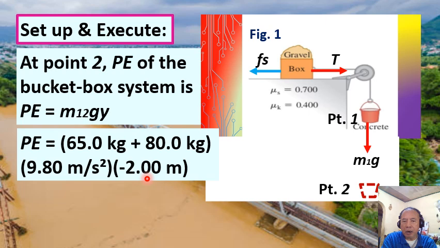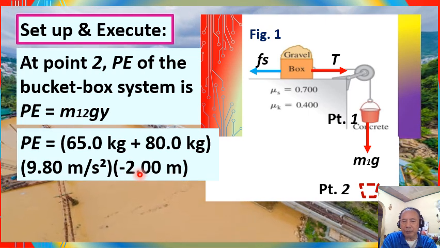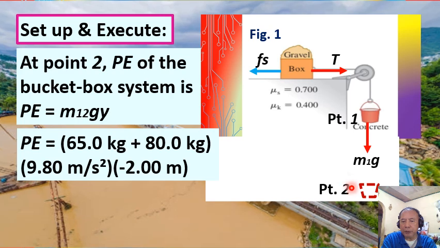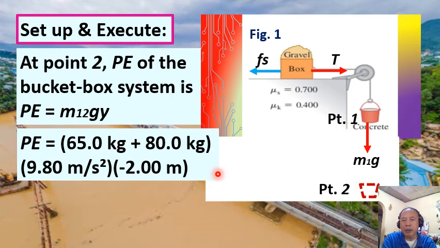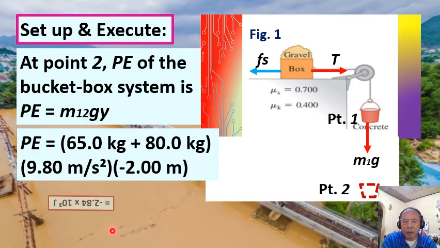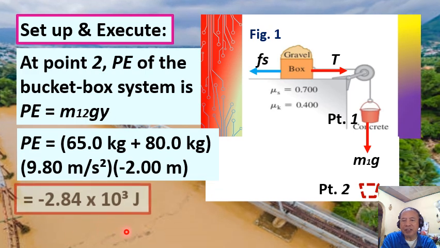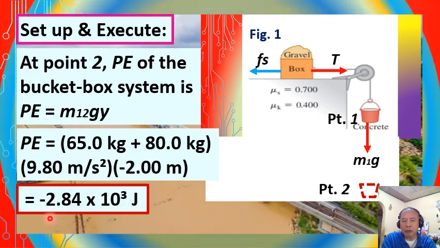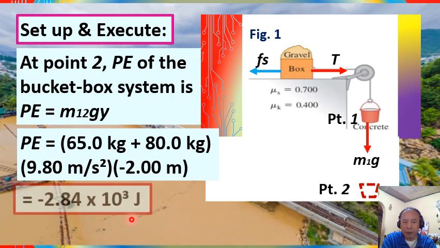Our delta y, or the vertical displacement, is negative because point 2 happens to be below point 1, being our reference. So doing our math, we get the potential energy of the system equal to negative 2.84 times 10 to the third joules.